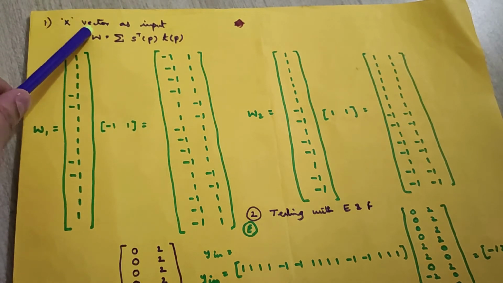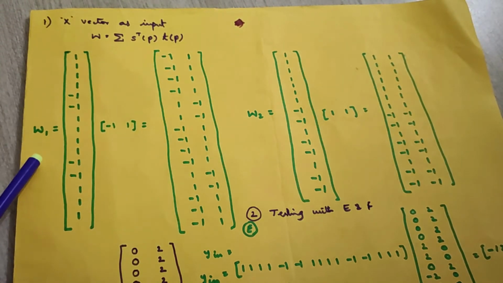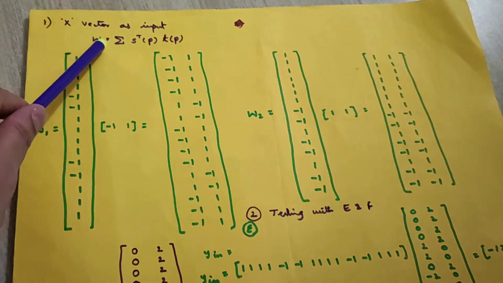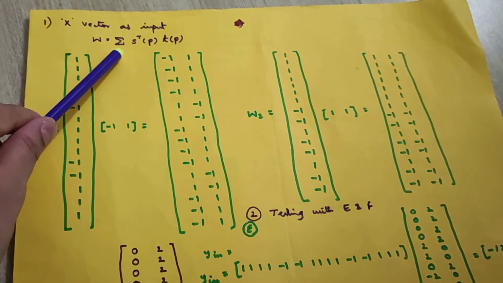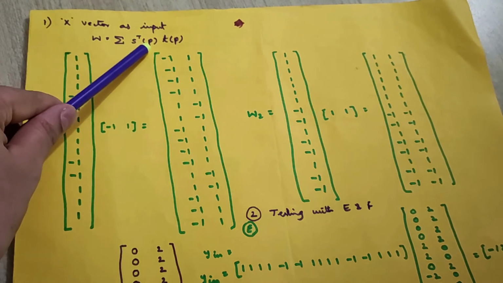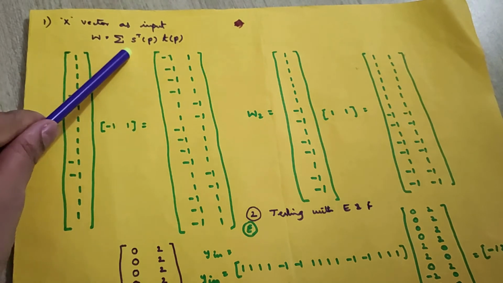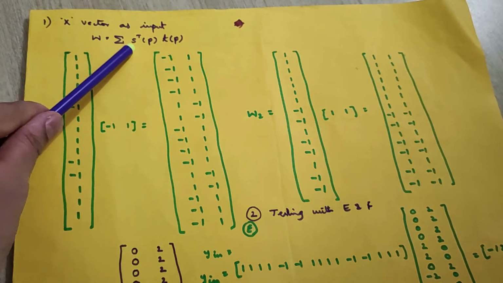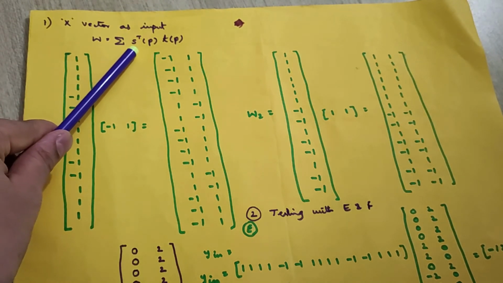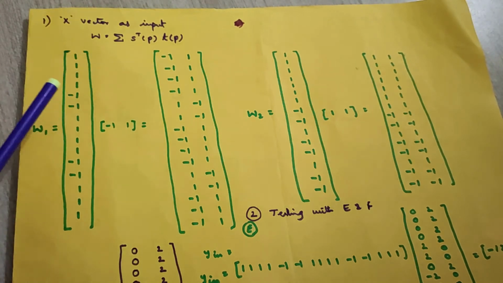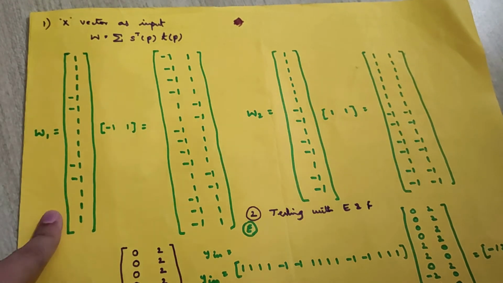If we take X vector as input, the weight matrix is W1, and this is the formula: sigma over P of S transpose of P into T of P. T of P is the target vector and S transpose of P is the transpose of our sample vector or input vector. Whatever vector we obtained on the previous page is a row vector, and now we need to transpose it. So this is my column matrix.